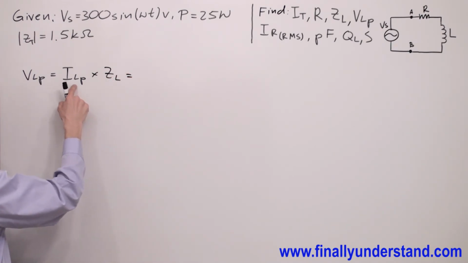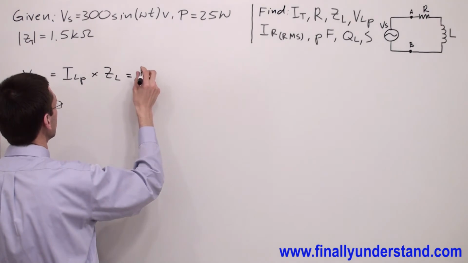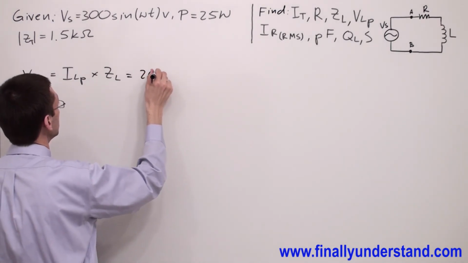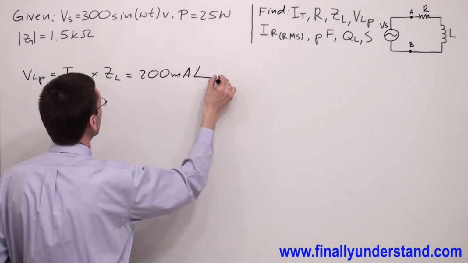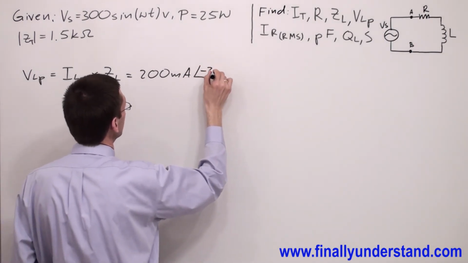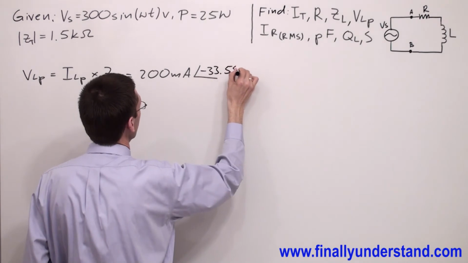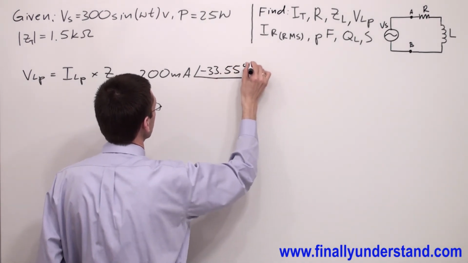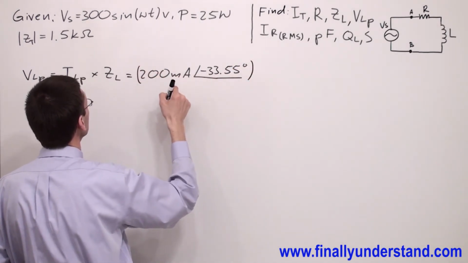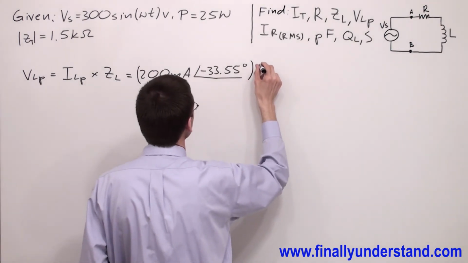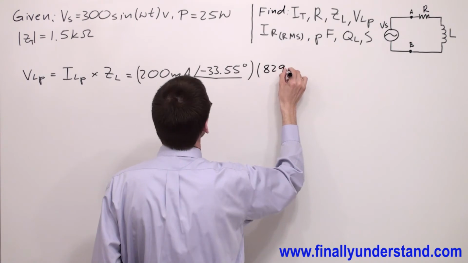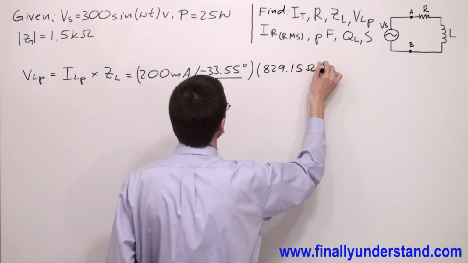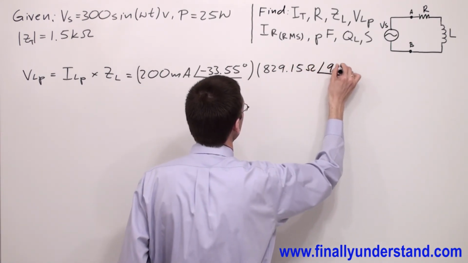We found IL peak, this is equal 200 milliamps and angle of negative 33.55 degrees times ZL, which is equal 829.15 ohms, an angle of 90 degrees.